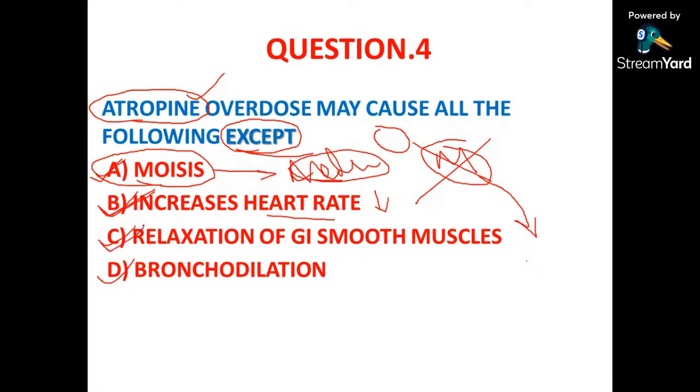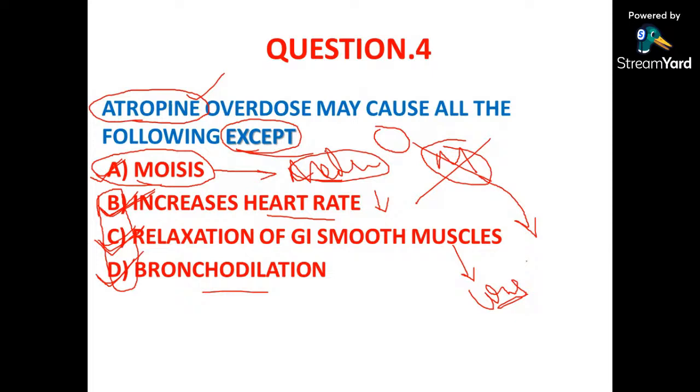Atropine also relaxes the GI smooth muscles, and by that it may cause constipation. So this is also a correct action shown by atropine, and it also causes bronchodilation. Bronchodilation is also seen with atropine. So these three options are the correct actions of atropine, whereas option A is not the correct option.